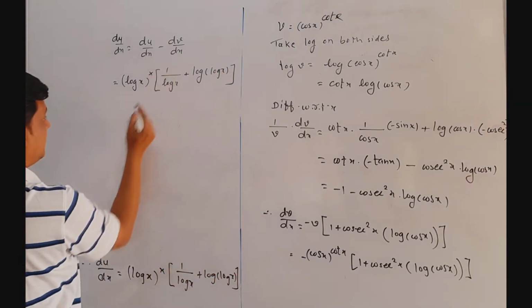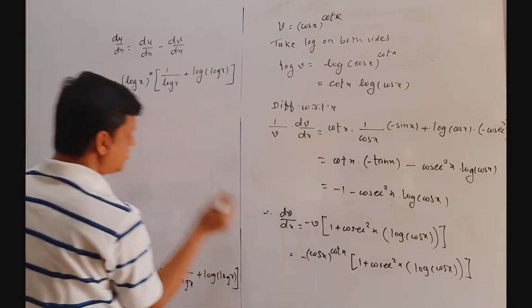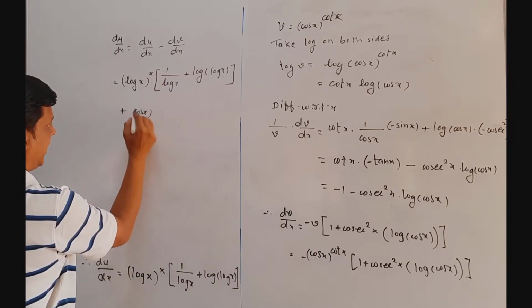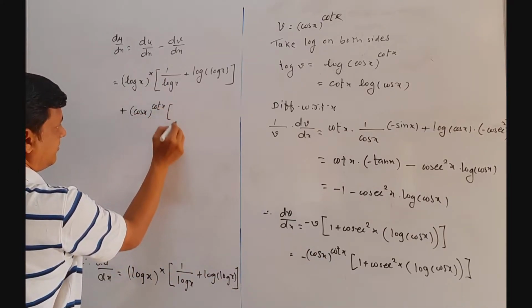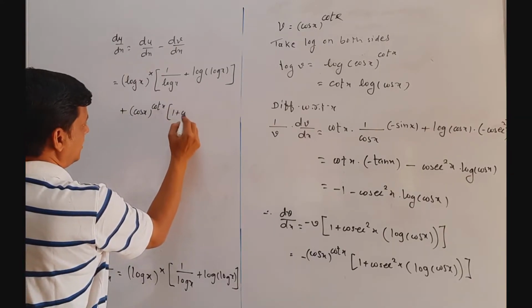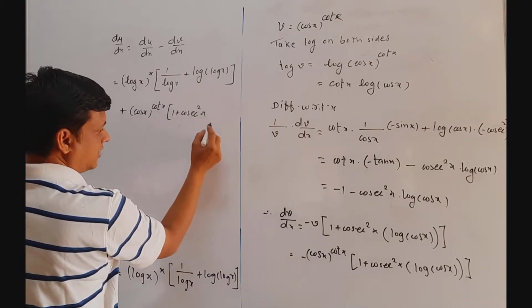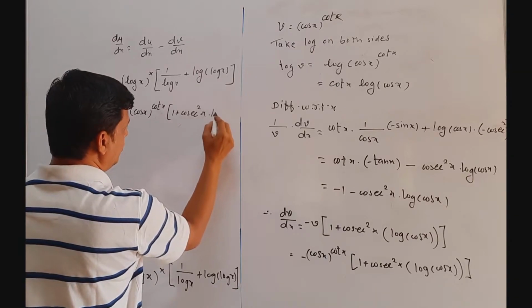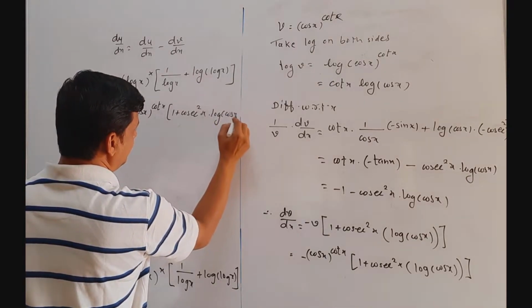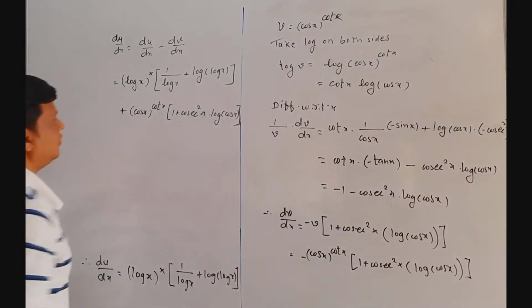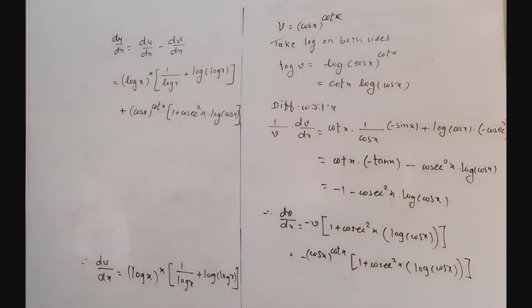So here minus minus gets plus (cos x) raised to the power cot x in bracket 1 plus cos²x into log of cos x. So in this way we find the derivative of the given function.